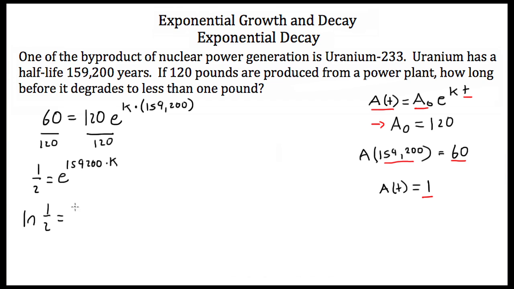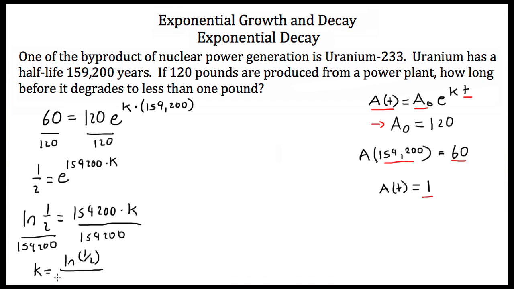I'm going to rewrite this as a logarithmic equation, so the natural log of 1/2 is equal to 159,200 times k. And then I'm going to divide everything by 159,200. And that means k is equal to the natural log of 1/2 divided by 159,200.